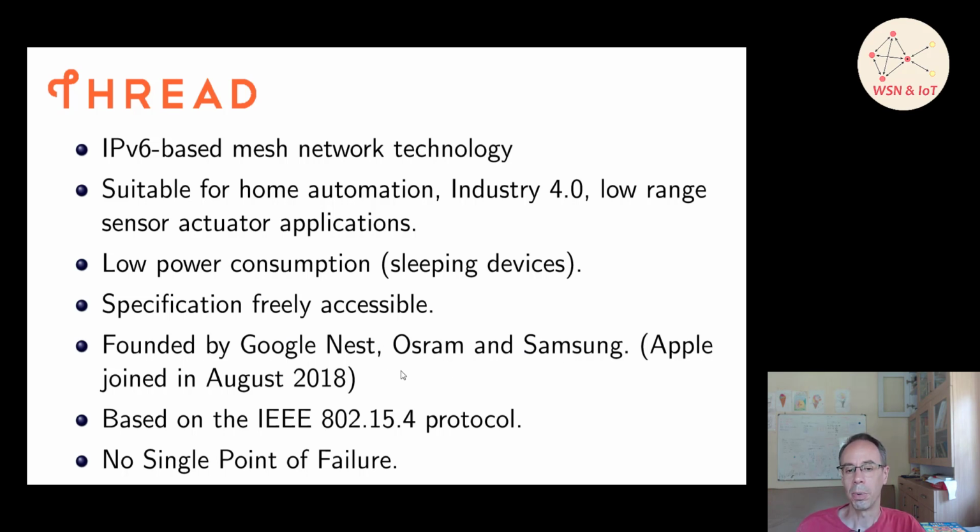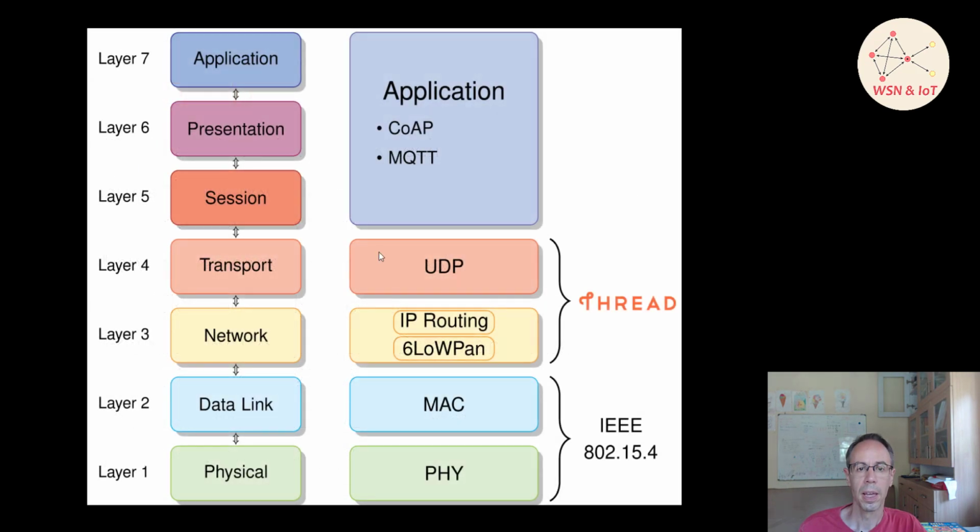It's based on the IEEE 802.15.4 protocol and has no single point of failure. So with Thread, we can build up our mesh network. You're seeing here the layers of Thread. We have the two lower layers, the IEEE specification standard, and Thread are the two layers above it.